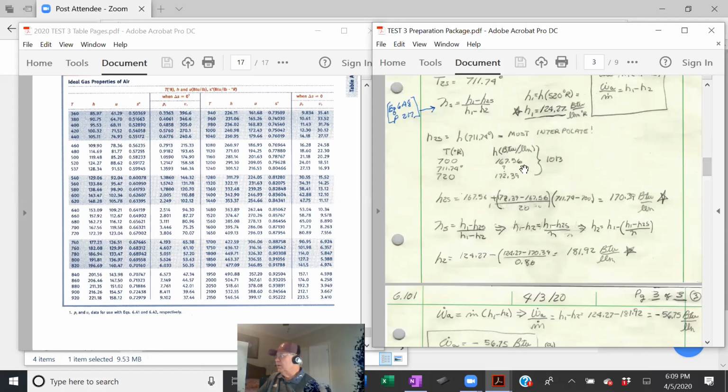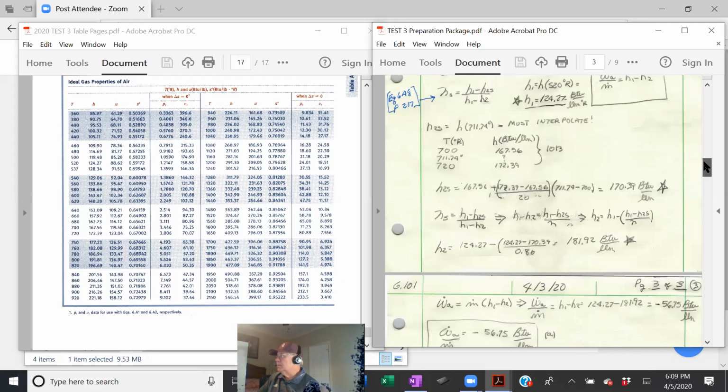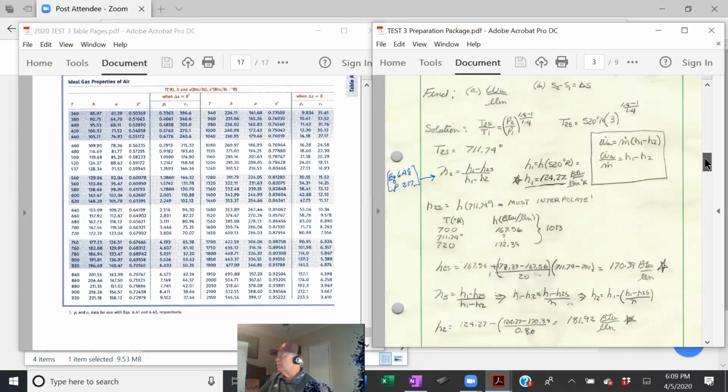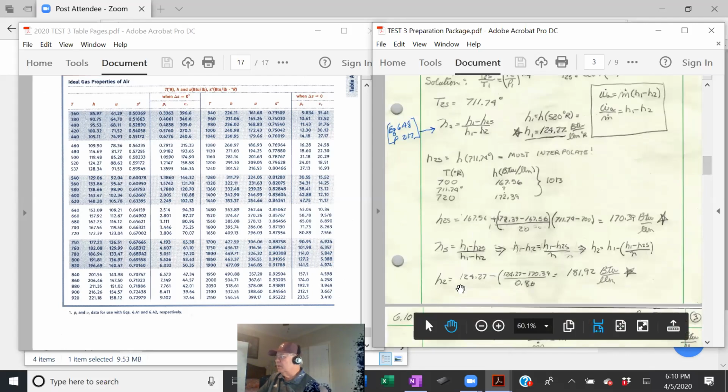Then I went in and interpolated in the table for H2S, okay? But I also need H2. So to get H2, I use the efficiency equation.